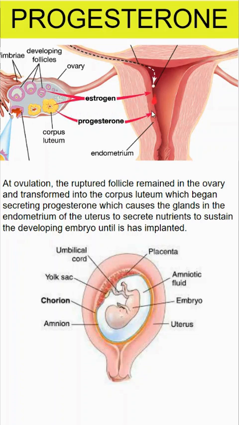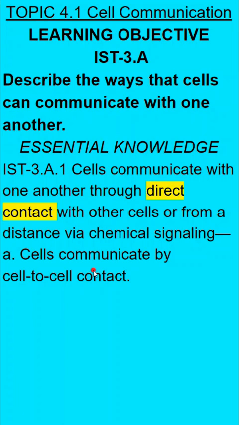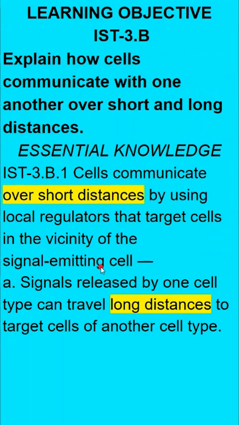So if we do have implantation, ultimately the placenta takes over with continuing to sustain the pregnancy by secreting progesterone, which prevents contractions and actually dulls the woman's immune system to not reject the developing embryo. So again, all of these are lots of examples to understand that cells communicate through direct contact over short distances and over long distances.